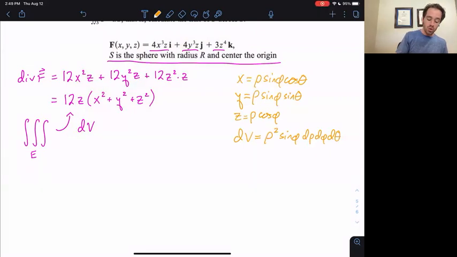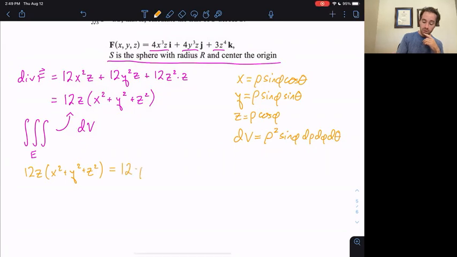Okay, so 12z times x squared plus y squared plus z squared is really just begging to be put into spherical coordinates. 12z is 12 times rho cosine phi, and x squared plus y squared plus z squared is rho squared, right? Because after all, rho is the distance from the origin. Square it, square the distance formula like Pythagorean theorem style, and you get rho squared.